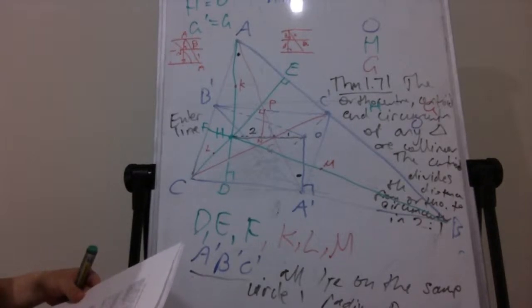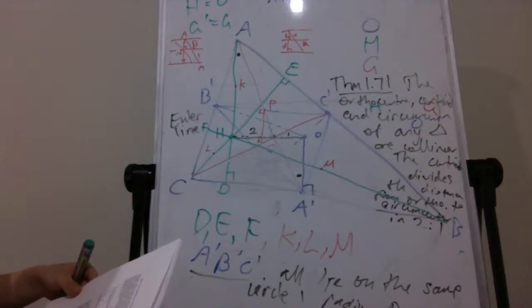Okay, so since BC is a common side of the two triangles, ABC and HBC, whose other sides are bisected by C prime, B prime, and L, both segments C prime B prime and L M are parallel to BC.